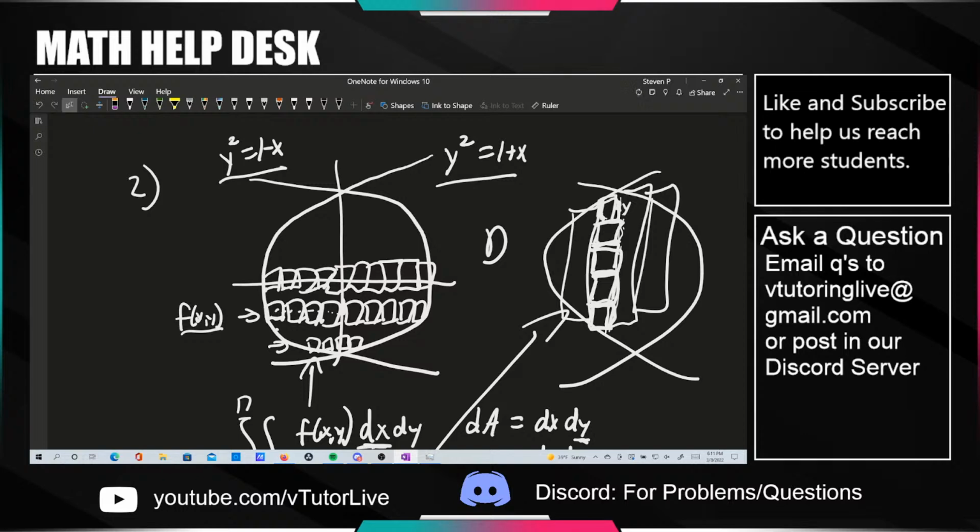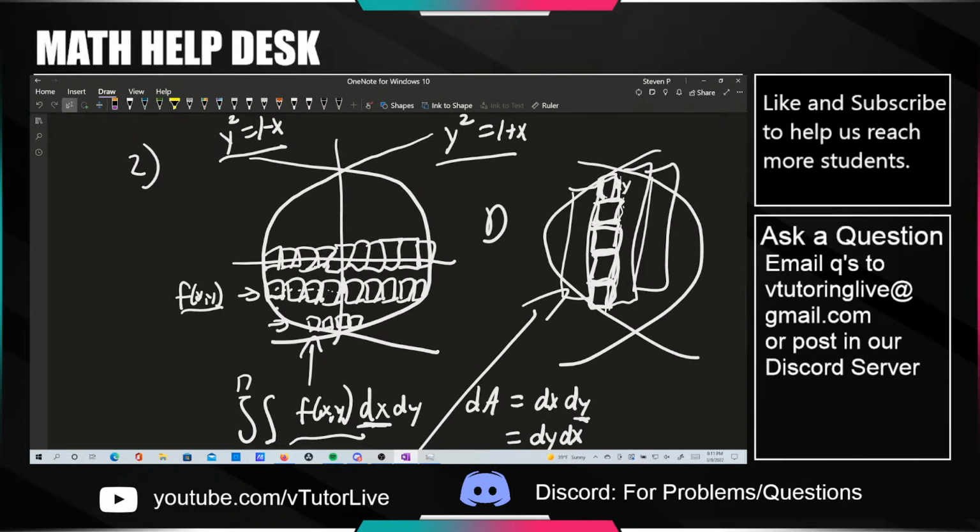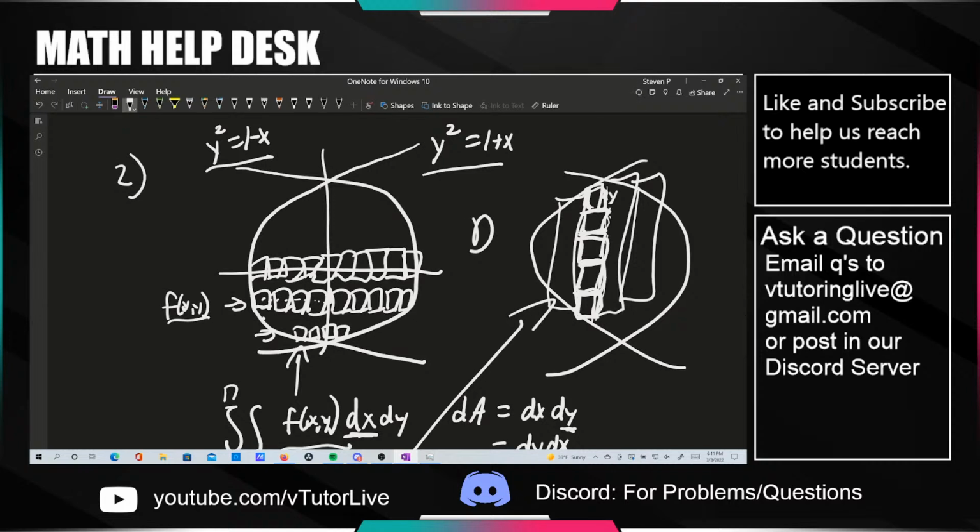The idea is that you need to express how x goes from here to there using these given things. So you probably want to solve for x in terms of y. If we solve for x in terms of y, we get x is equal to plus or minus y squared minus 1.